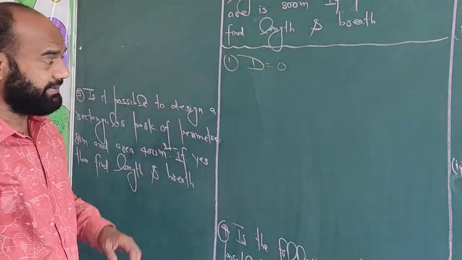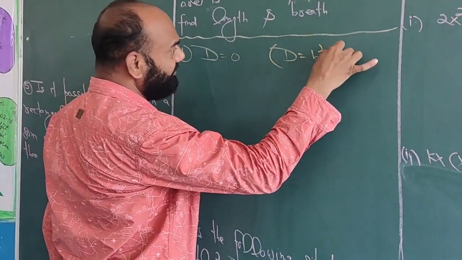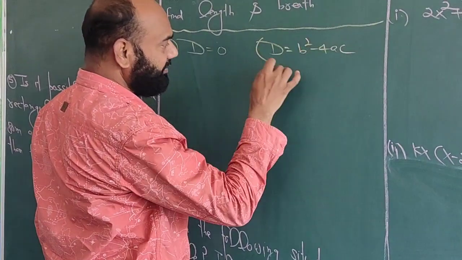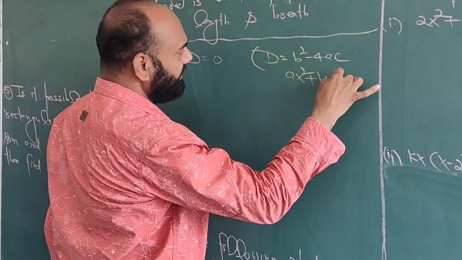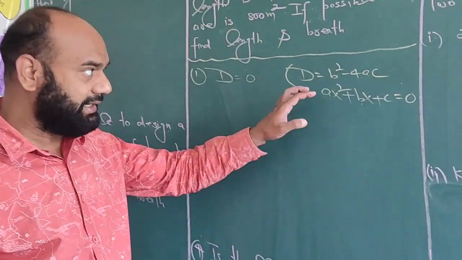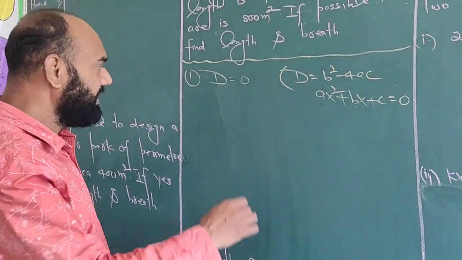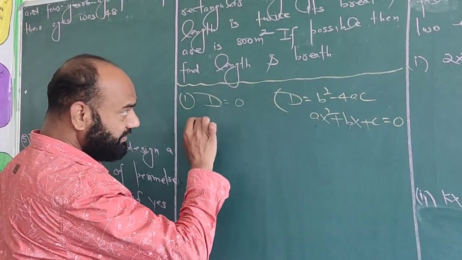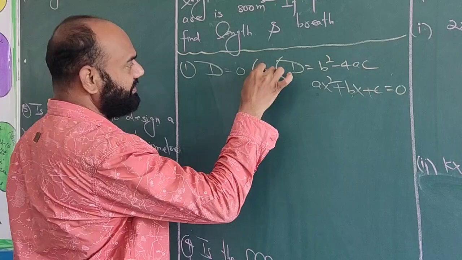D means discriminant, and discriminant is equal to b square minus 4ac. When we compare any equation with the standard form ax square plus bx plus c equal to 0, then D can be found by b square minus 4ac. And when D equal to 0, then the roots are equal.